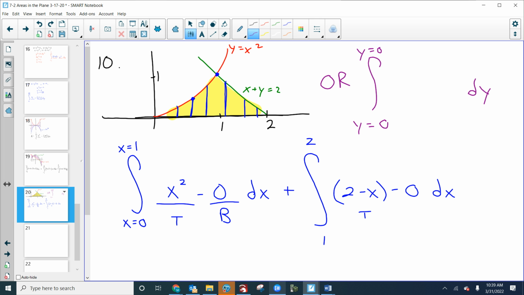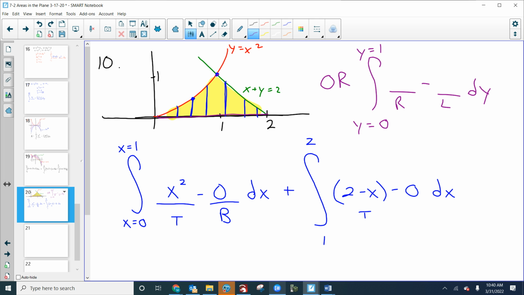Y equals 0 is here. Y equals 1 is here. Did I write that? Did I seriously write that? 0 to 1. And we're going to do a right minus a left. Are we going to need more than one integral?